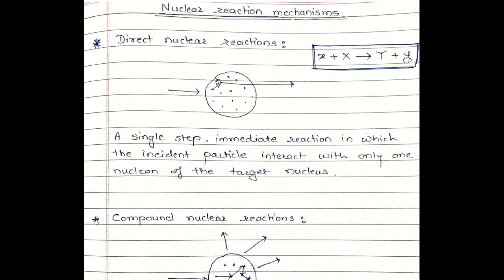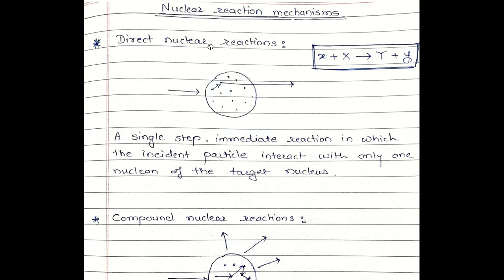Suppose this is your target nucleus. Obviously, it will have a number of nucleons inside it, that means protons and neutrons collectively, which we call nucleons. So inside the target nucleus, there are a number of nucleons. Now some lighter particle X will bombard this target nucleus.